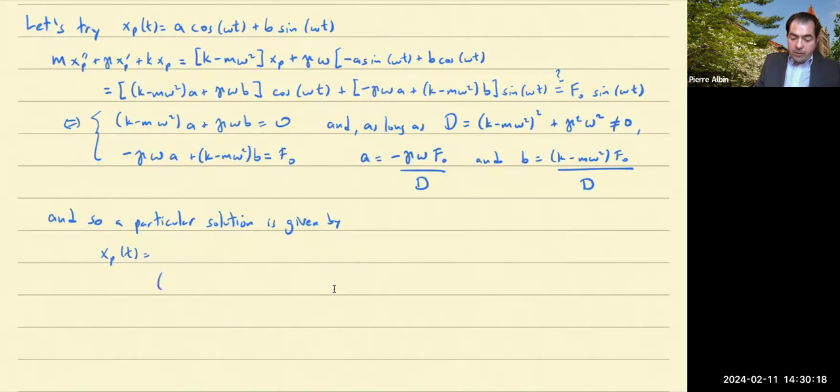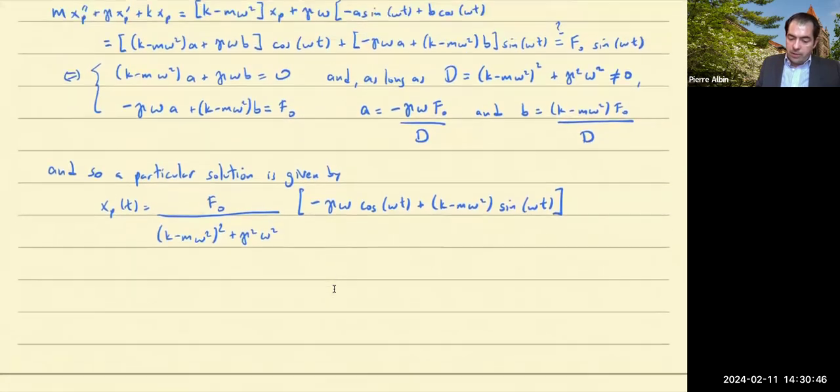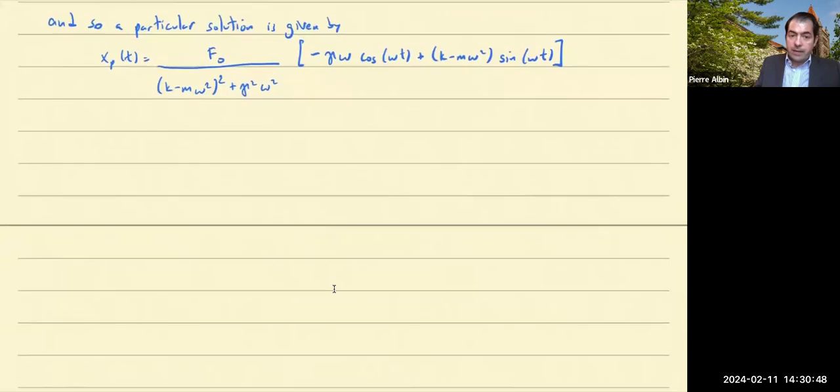And so we can pull out as a common factor here, D shows up as the denominator, F naught as the numerator, and then we have minus gamma omega times cosine omega t plus k minus m omega squared times sine of omega t. Okay, so that's our particular solution.